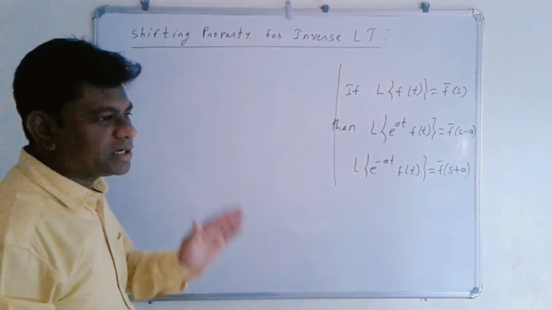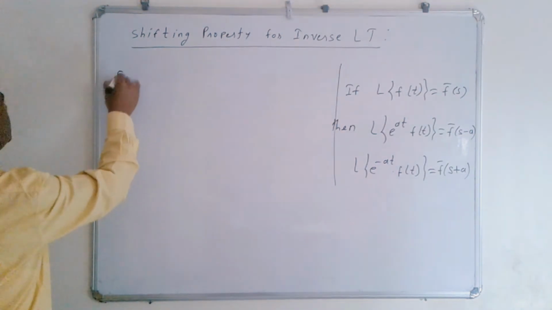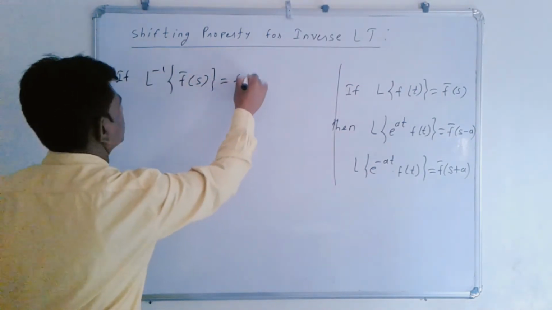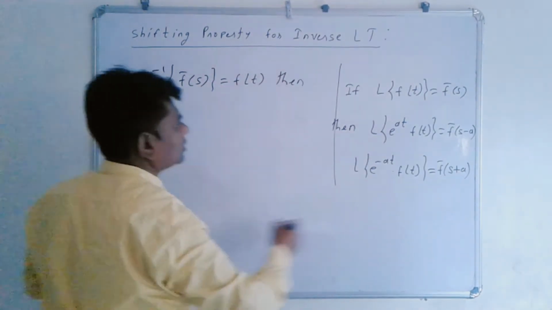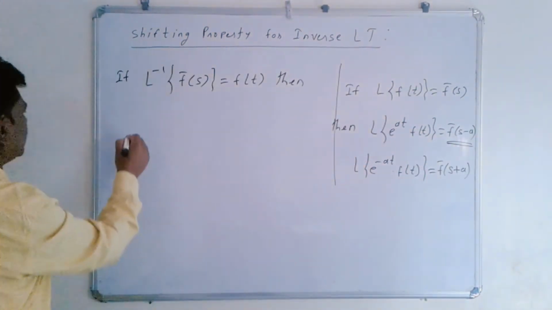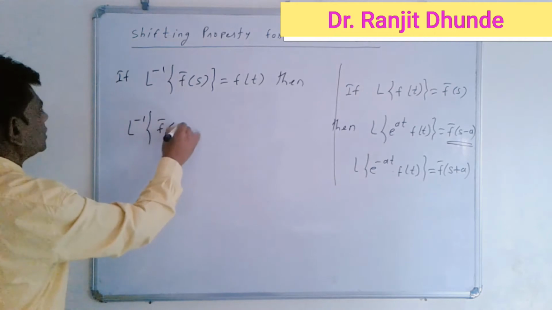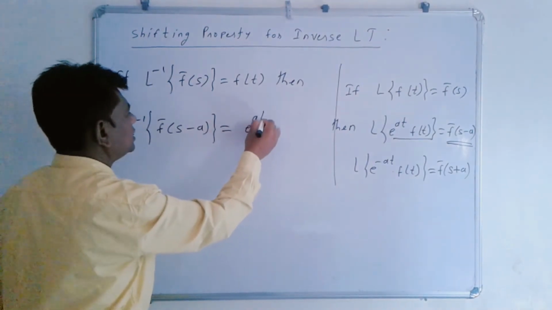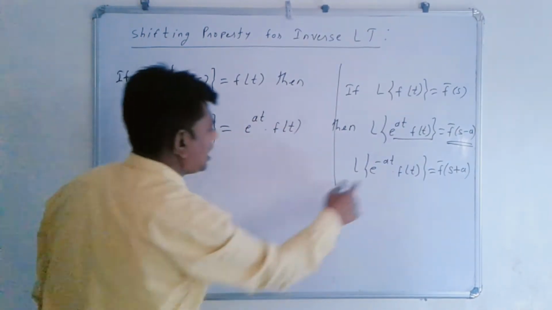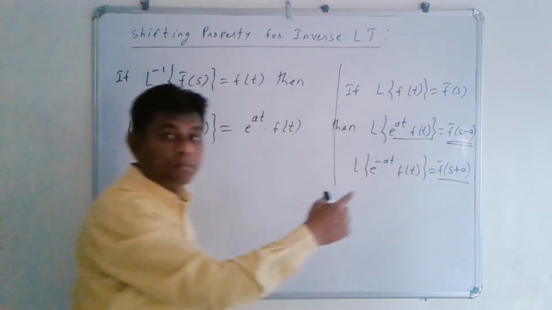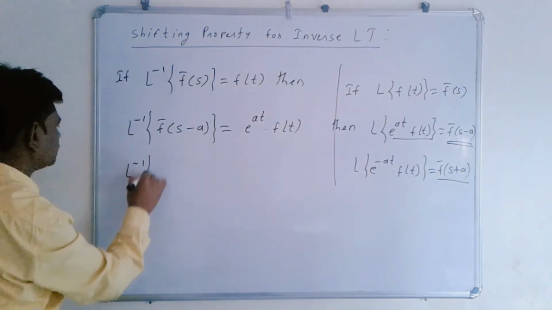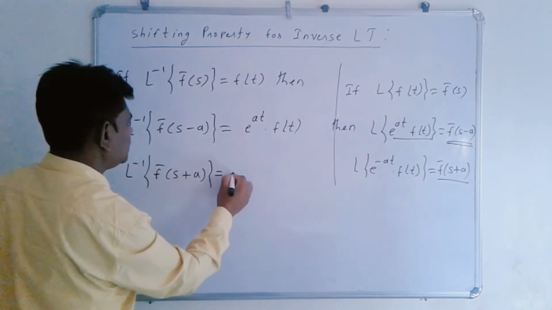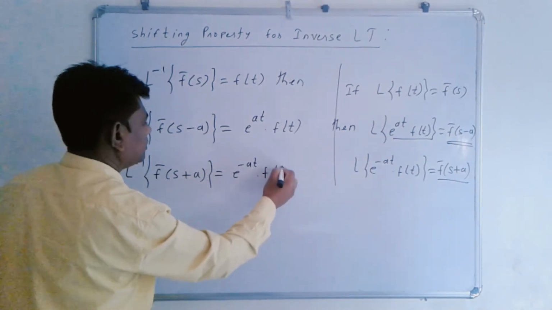Now, by using the definition of inverse Laplace transform, if inverse of f bar s is equal to f of t, then inverse of f bar s minus a is equal to e to the power at times f of t, and inverse of f bar s plus a is equal to e to the power minus at f of t.